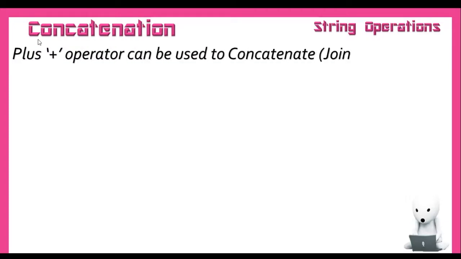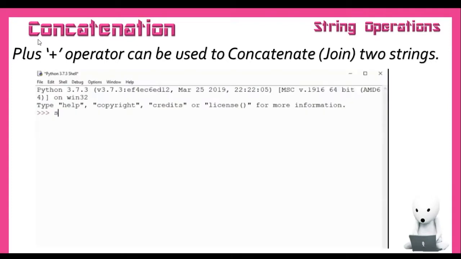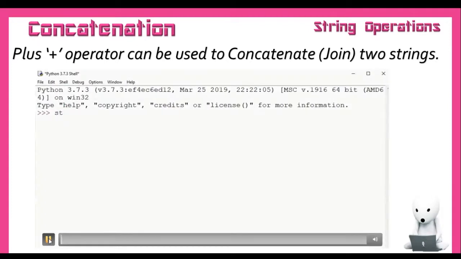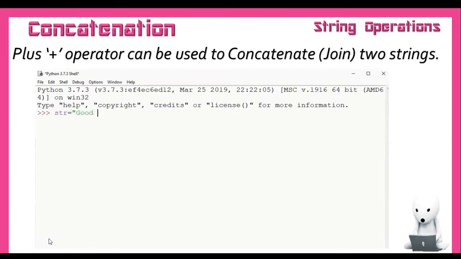Next is concatenation of strings. The plus operator is used to concatenate two strings. Concatenate means to join two strings. Let's see its example. Say str is equal to 'good day', and another string, str2 is equal to 'Samira'.